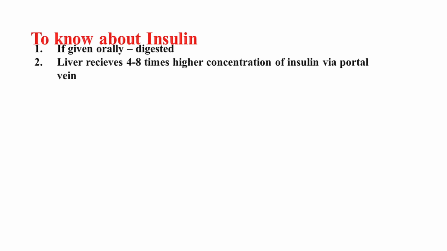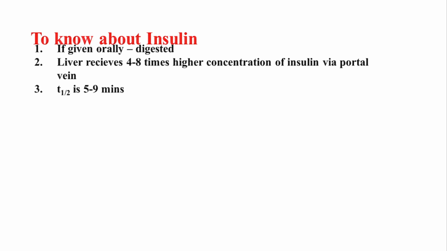In our body, the pancreas makes insulin and releases it in the veins. The veins of the pancreas eventually join the portal vein, and as a result, liver gets a very high dose of insulin, 4 to 8 times higher as compared to the rest of the body.